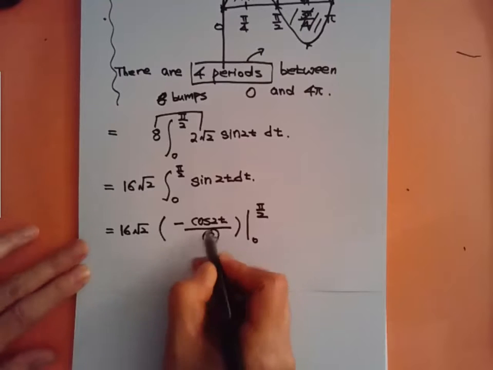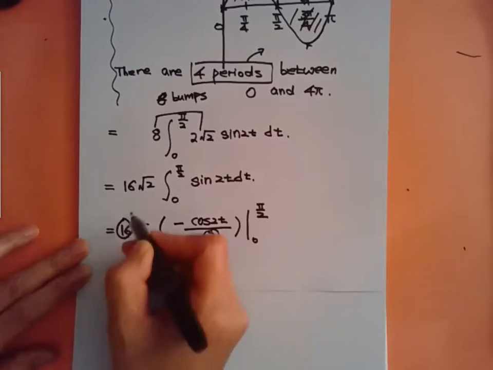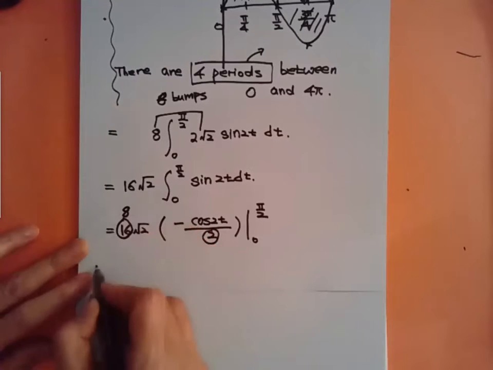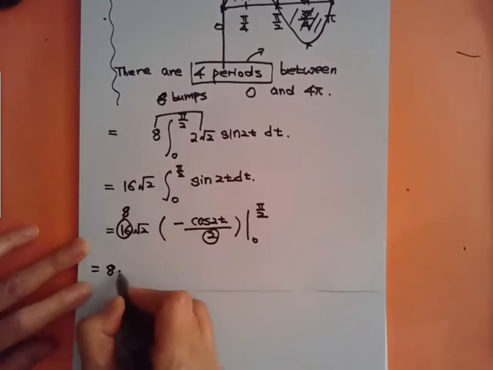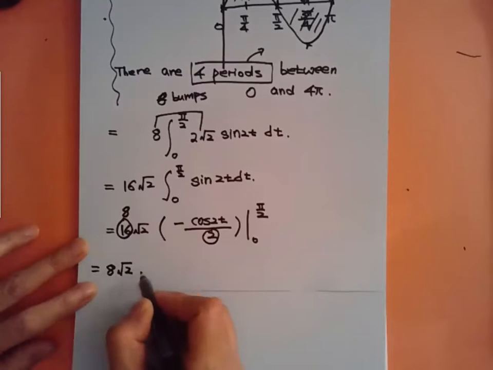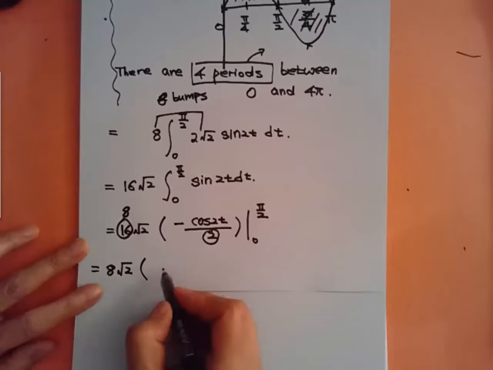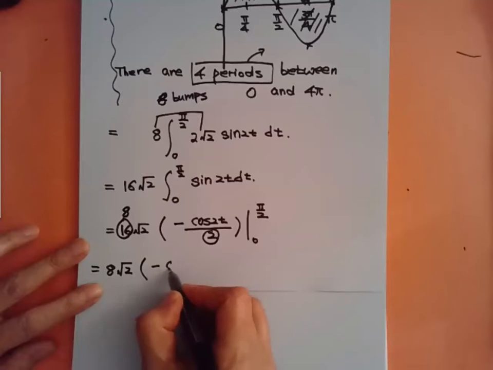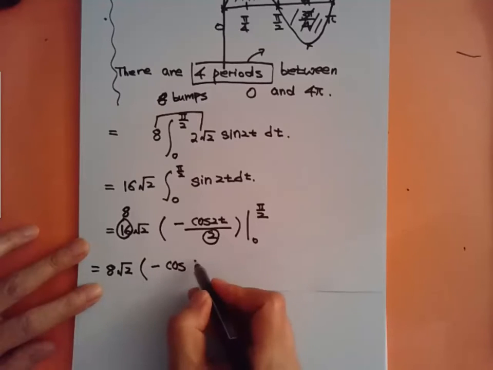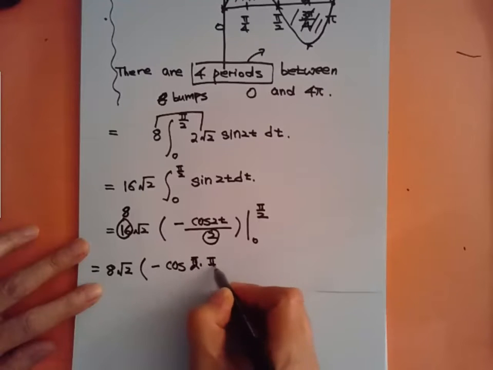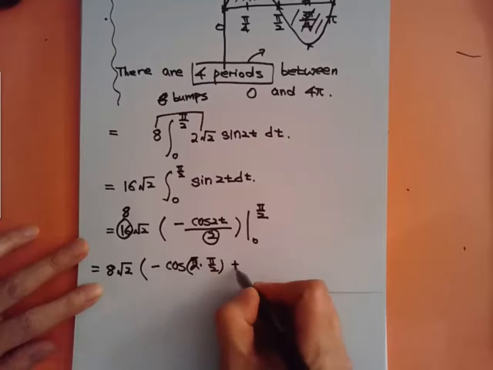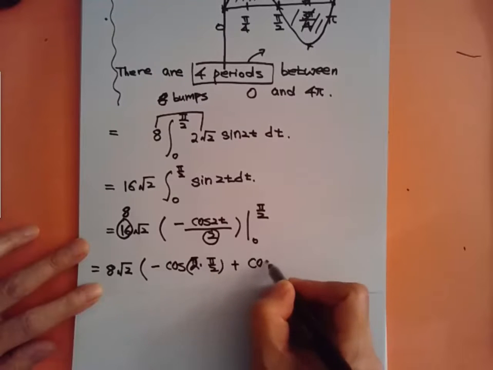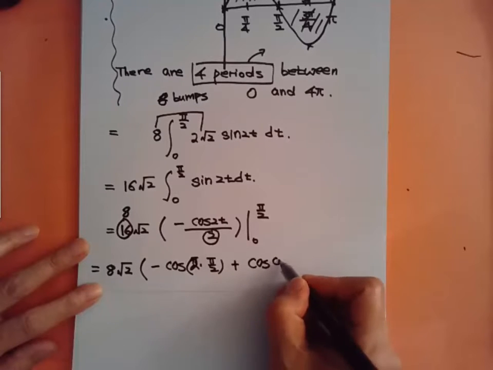So this 2 and this one will cancel and become 8. So 8 square root of 2 times minus cosine of 2 times pi over 2, plus cosine of 2 times 0.